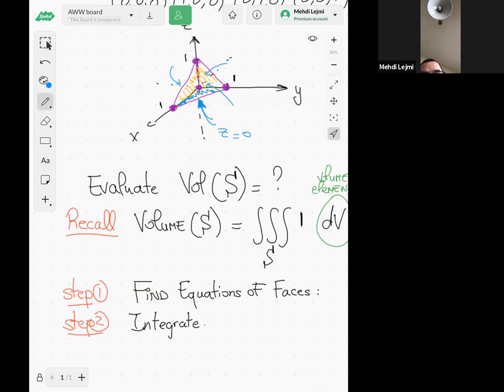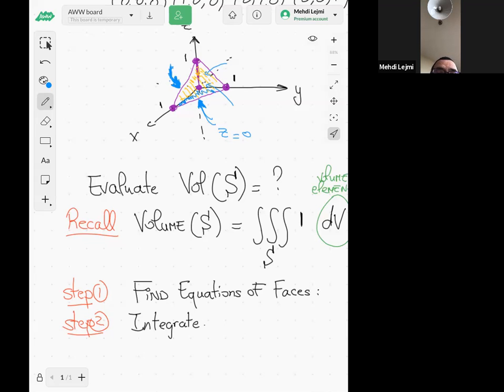Now, what about this left side here, the side which connects the point 1, 0, 0 to 0, 0, 1? This face lies on the XZ plane, the plane which contains the X and the Z axis.